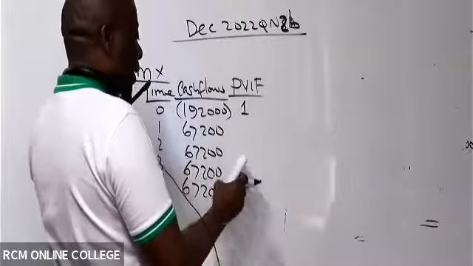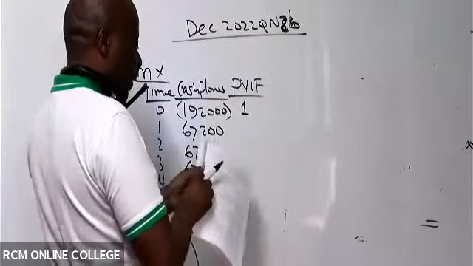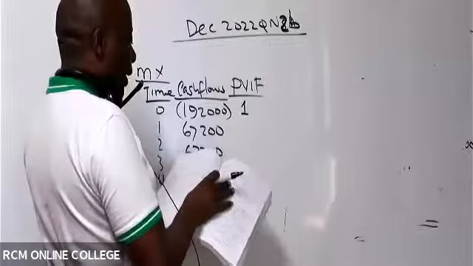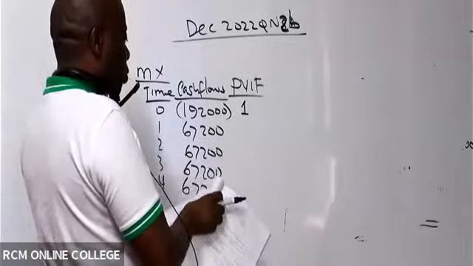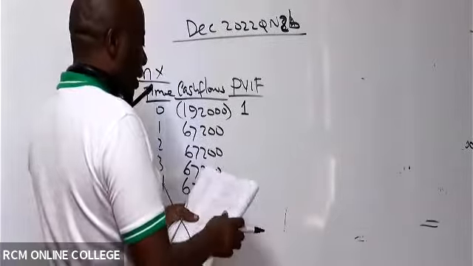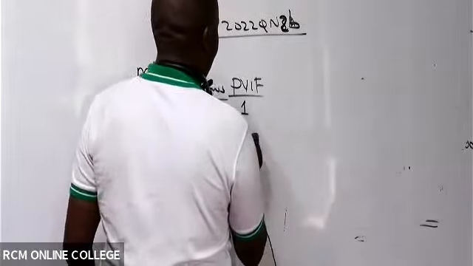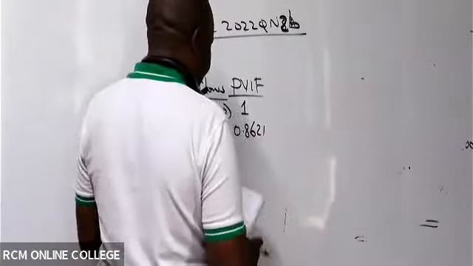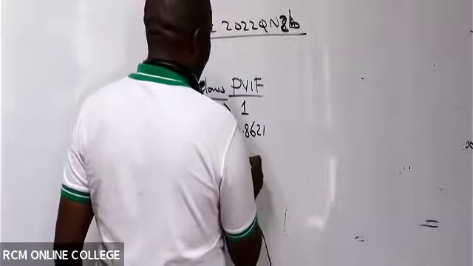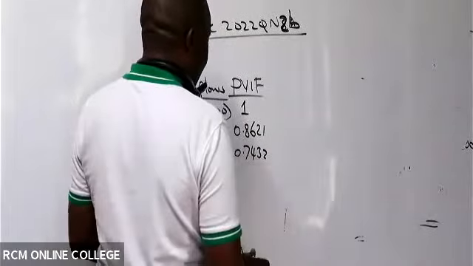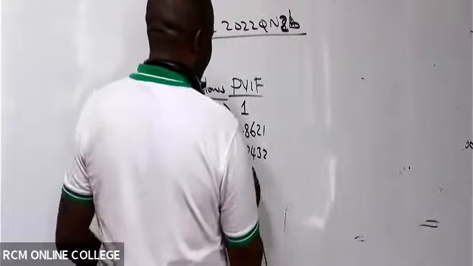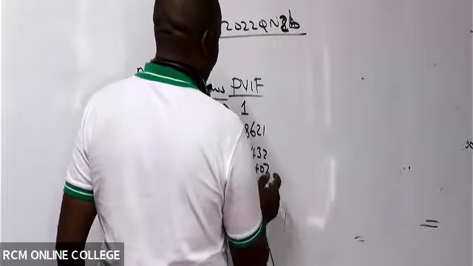And then now you can see they have given me the other years' PVIFs. The first one is 0.8621. Then we have 0.7432. Then we have 0.6407.